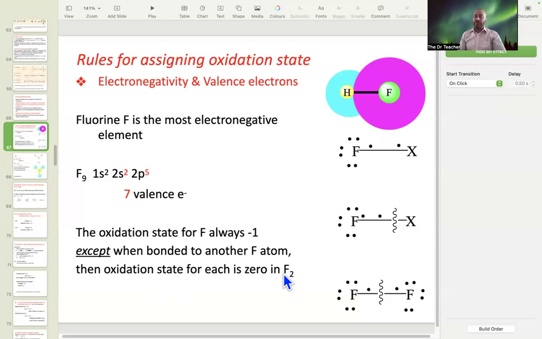Because the electron is only partially given from one fluorine, partially lost by the other fluorine. So it will be a covalent bond between fluorine and fluorine, and the fluorine gas will be bonded singly, and it will be 0 oxidation state overall.